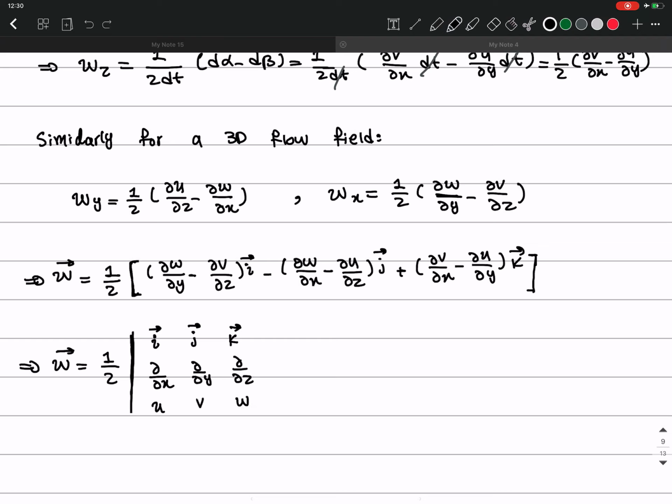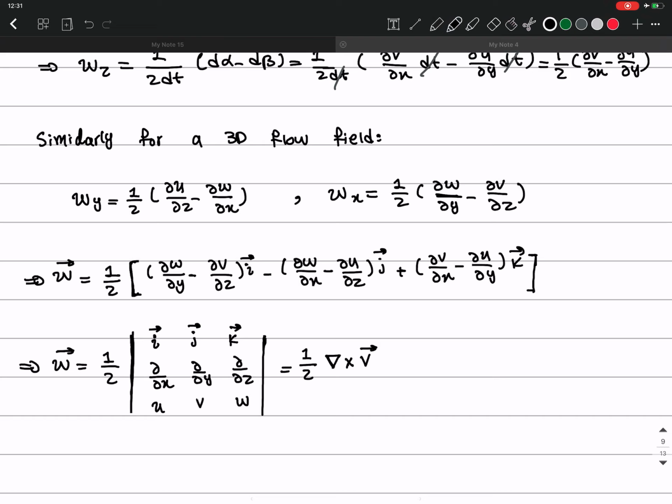So the rotation vector is going to be 1/2 the cross product of grad and the velocity vector.